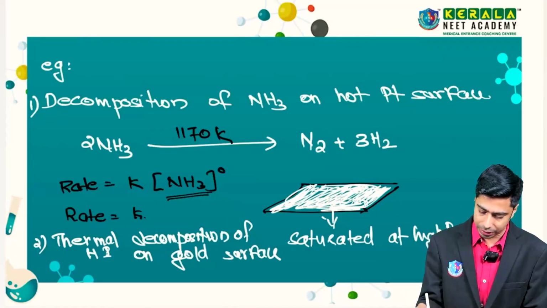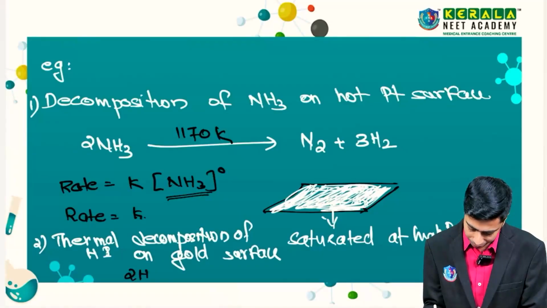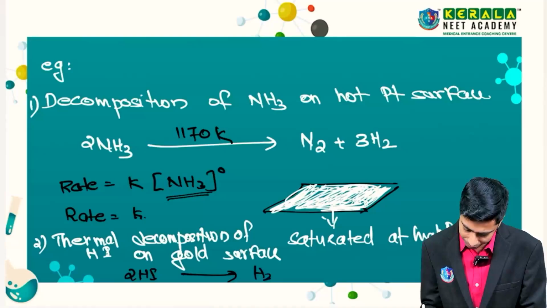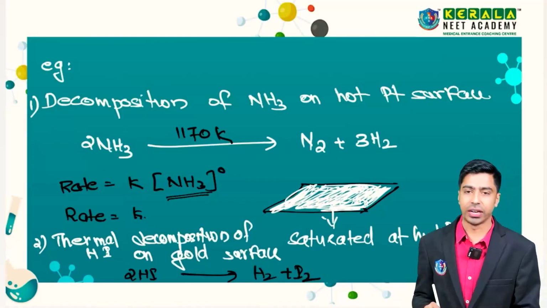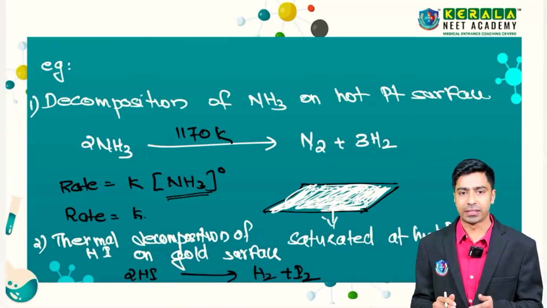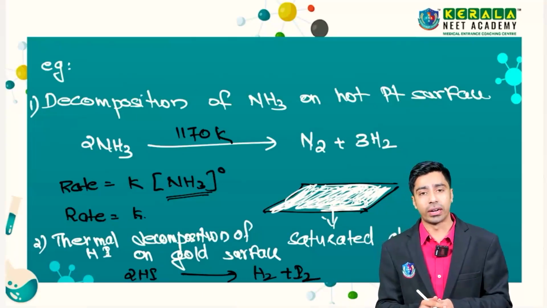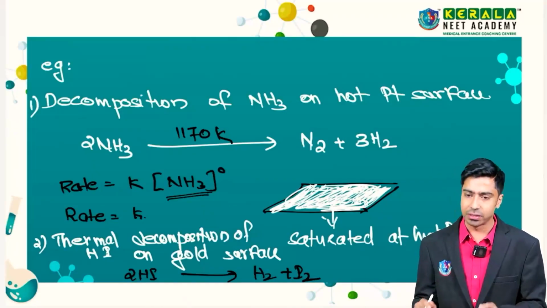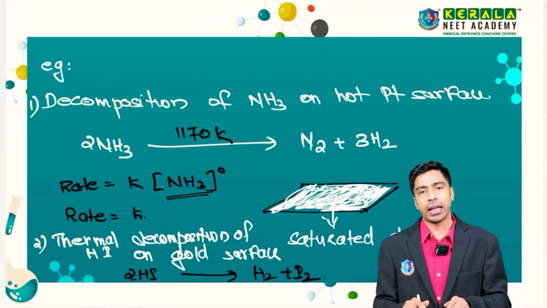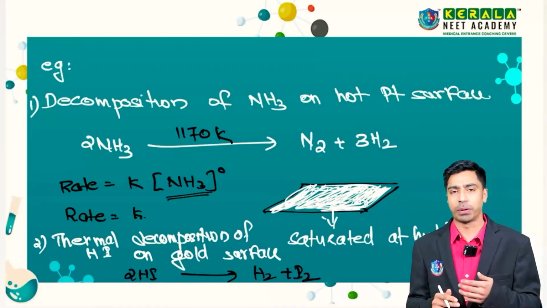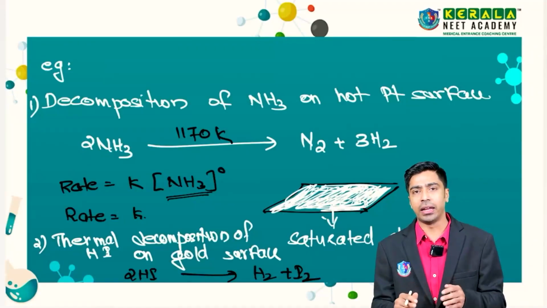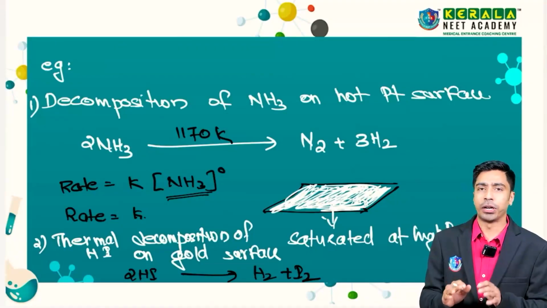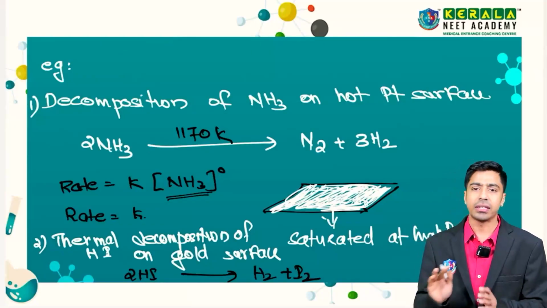The reaction is 2HI giving H2 plus I2, which is another zero order reaction. Here also the surface will get saturated at high pressure, so a further change in pressure will not cause any further decomposition of that material.